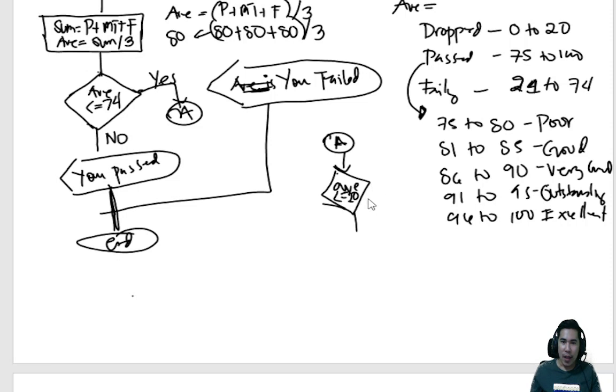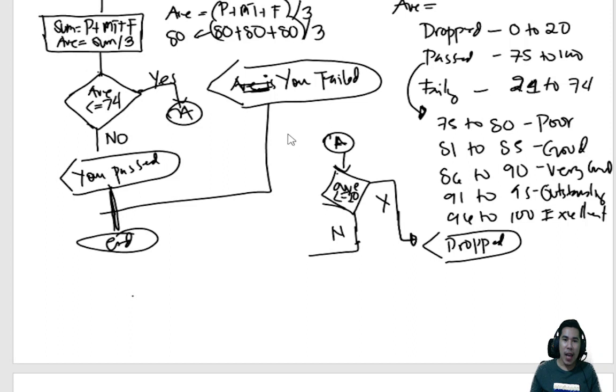So let's say the yes would be here, and the no here. If yes, what we do is, let's say, the grade is trap. If no, then this is where you connect: you failed. So any grade less than or equal to 20 is trap.